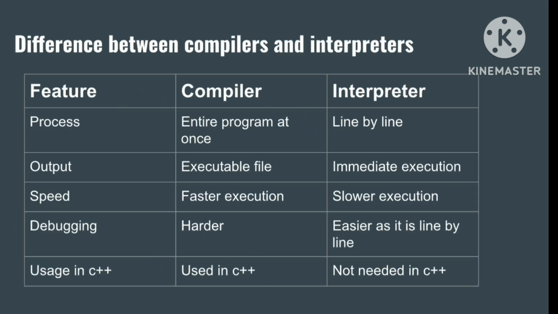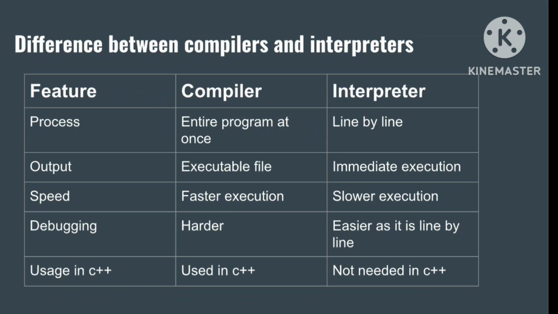So here is the difference between compilers and interpreters. First, a compiler converts the entire program at once. An interpreter converts the program line by line. As for output, a compiler produces an executable file, but an interpreter gives immediate execution. In a compiler, the speed is faster, but the interpreter is slower.